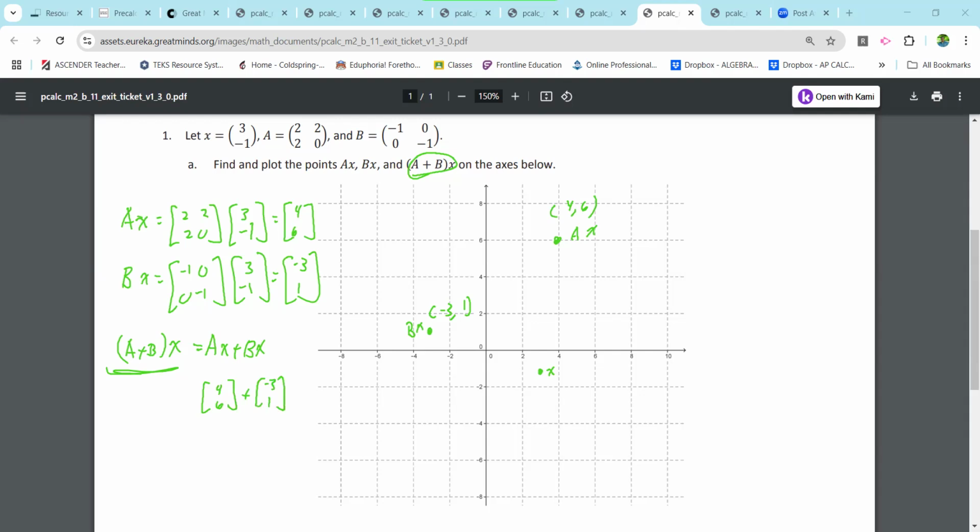And what do I get? 1, 7. So again, you will not be given a matrix, so you won't be able to do the math. You'll be given a graph. So what you need to do is figure out what AX is, BX is, and then add those up to figure out what AX plus BX is.